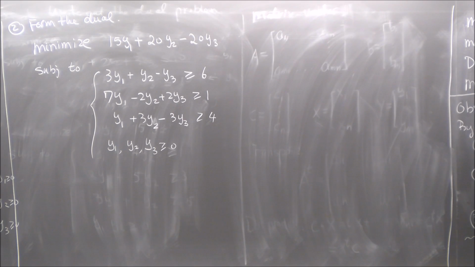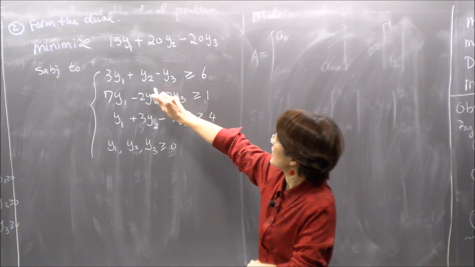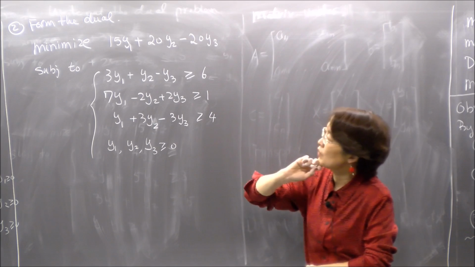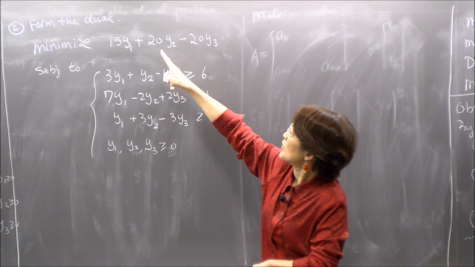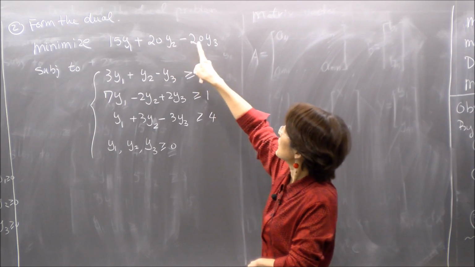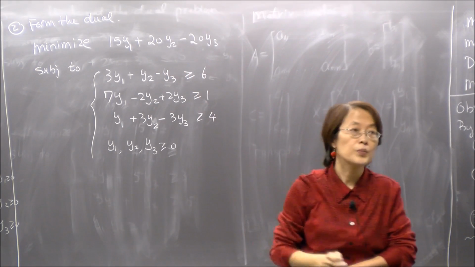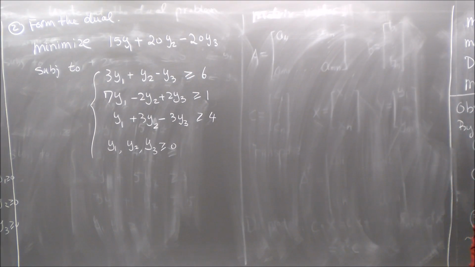Is that clear? Right. Now I'm seeing something a bit funny. I see that y1, y2 and y3, everywhere they occur, they always have the same coefficient in front with opposite sign, meaning y2 minus y3 always appear together.